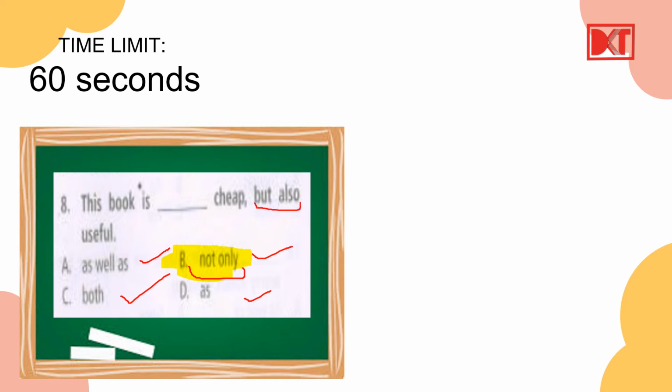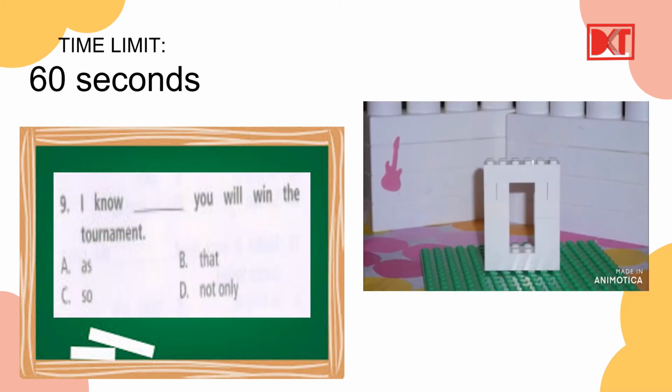Correlative conjunctions. They're used in pairs. Not only we provide for condition 1 that not only this one is happening, but in addition to this, the second thing, which is this book being useful, is also happening in addition to the first thing. All right, and time's up.